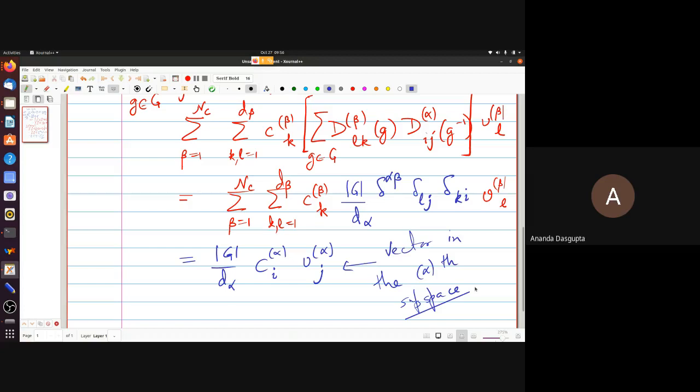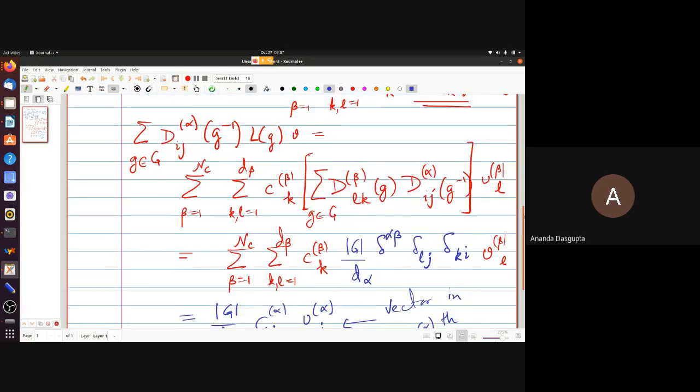It turns out to be reducible, but you now have to ask, okay, fine, how many times is each irrep there? That's a question we can answer just using characters. But if you want to ask what exactly are the forms which these vectors take, then you have to apply this projection operator. Okay? Is that okay?